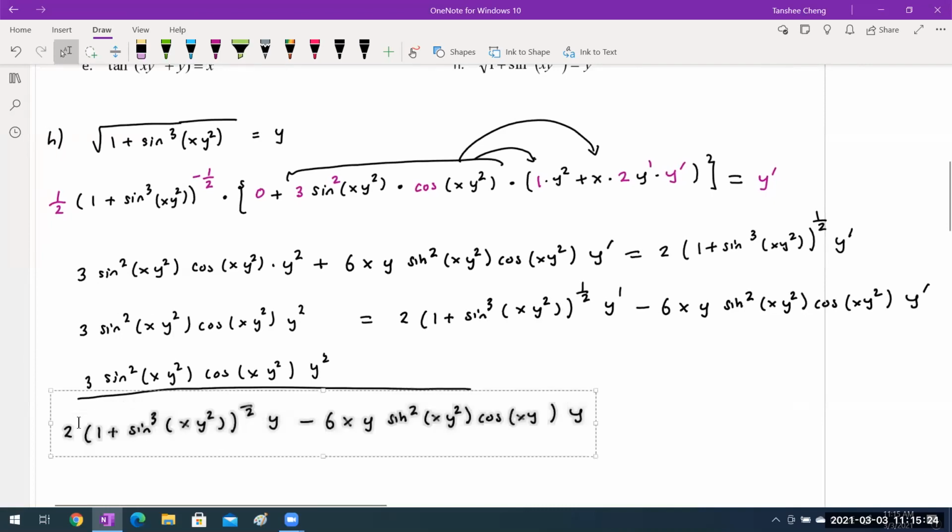We're going to get rid of the factor of y prime, equal to y prime. And that is my final answer in this case.